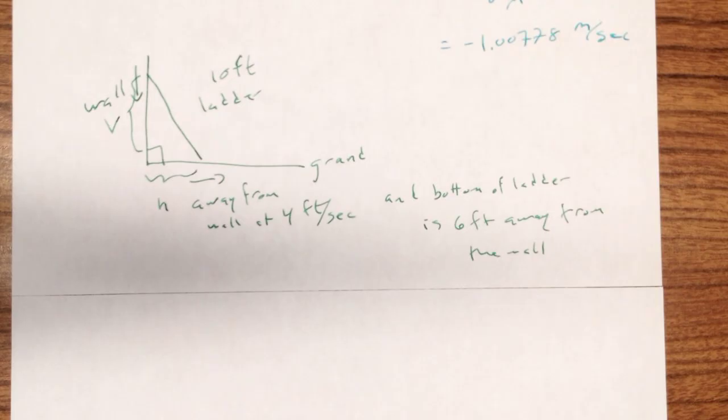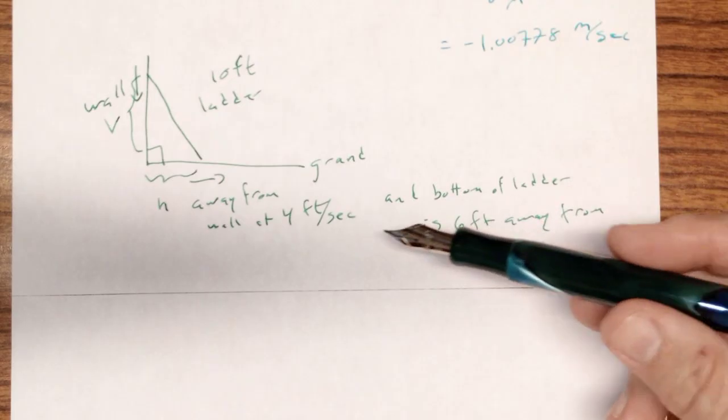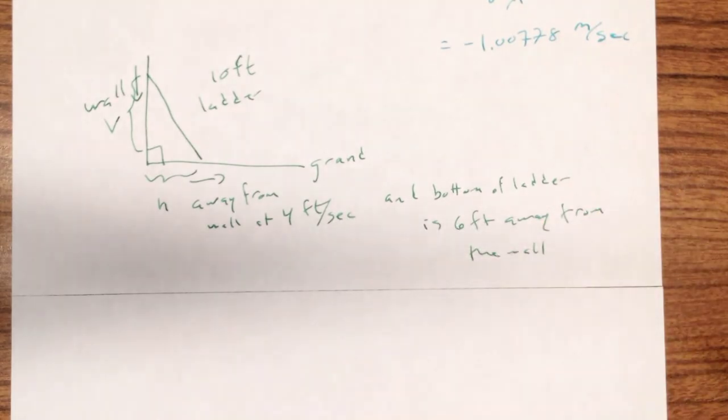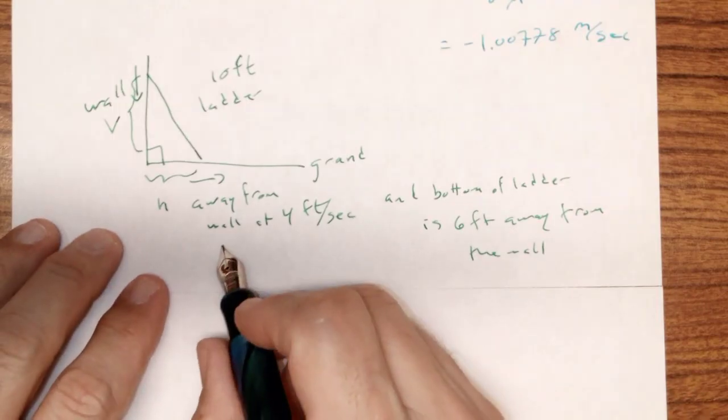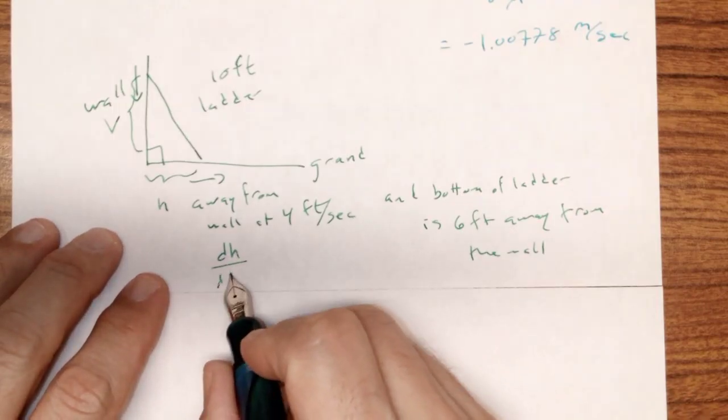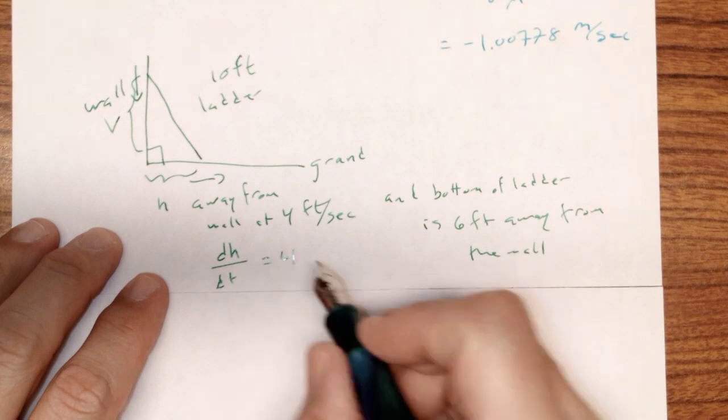Okay. This 4 feet per second, what does it represent? Feet per second, that's a rate of change, so that's a derivative. Which thing is changing at 4 feet per second? The horizontal. So that's dH dt, and that's my 4.